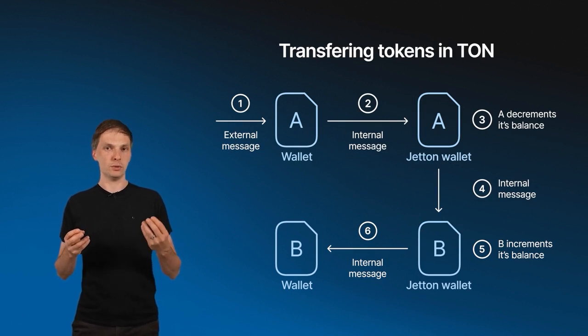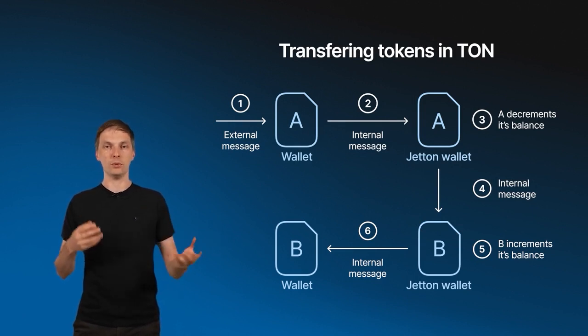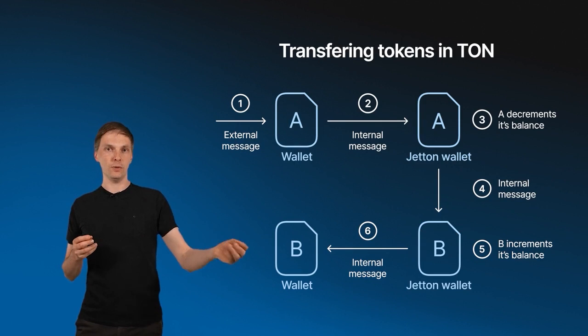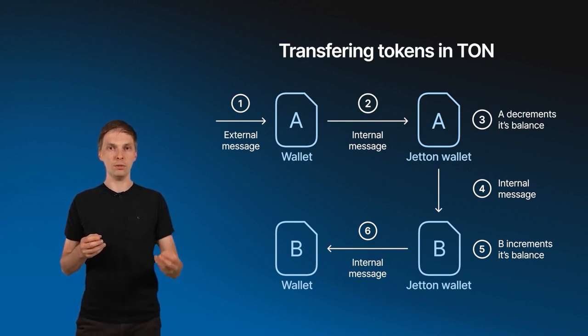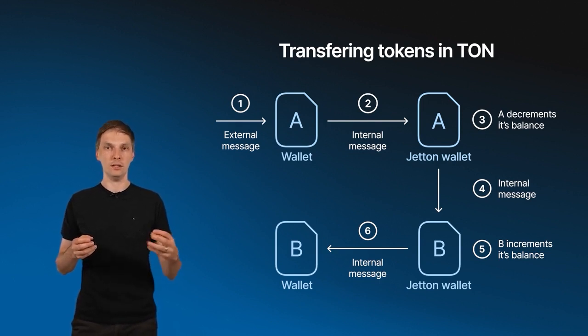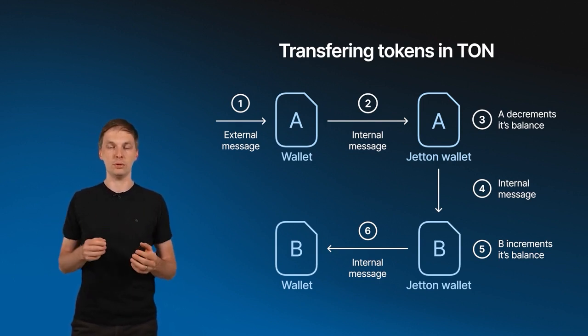Whenever the user wants to transfer a token from one account to another, they send, first of all, an external message to their wallet. Then this wallet unwraps this external message and sends an internal message to this user's Jettons wallet, saying, please send the money to a certain address.